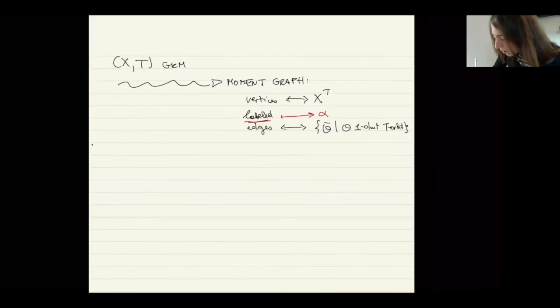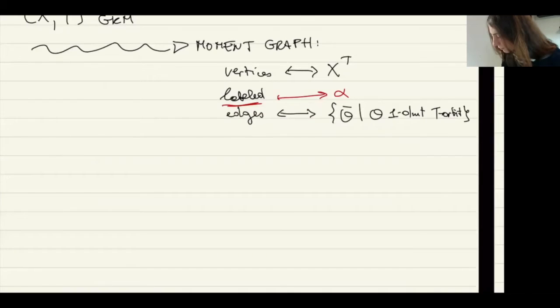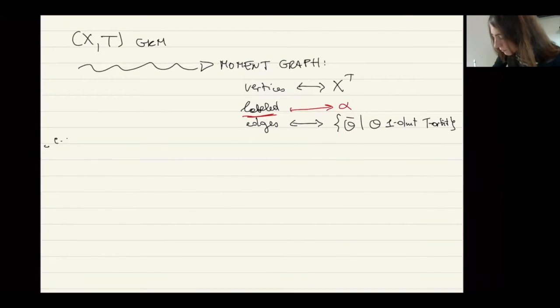So, an example: it's the example we had before.